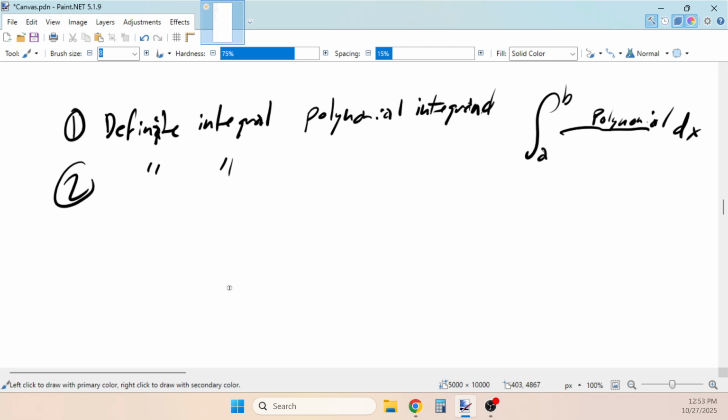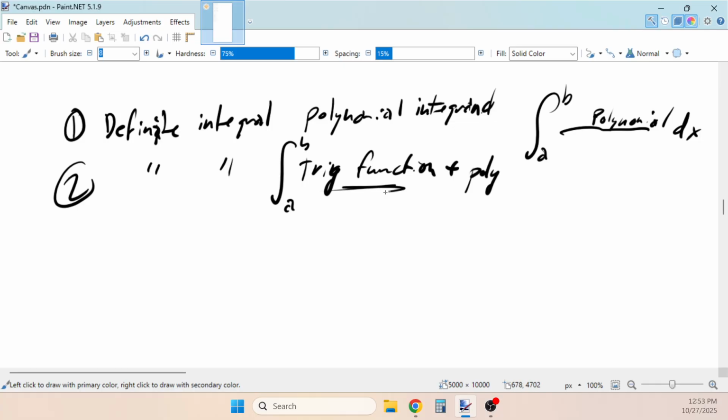This one has a trig function plus a polynomial. Go from A to B, trig function, polynomial.